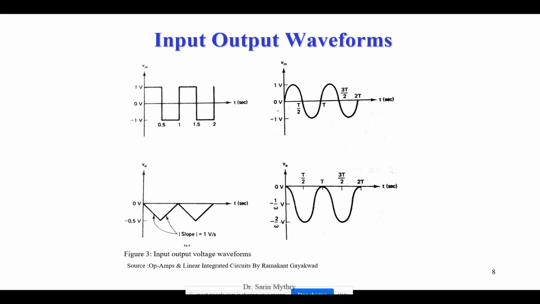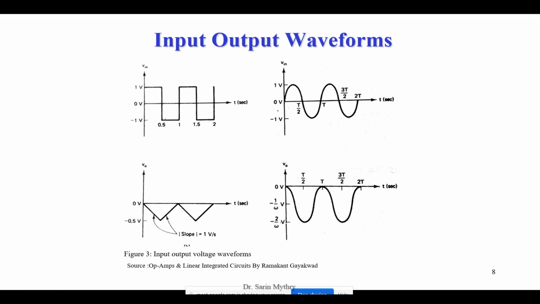Or else, if the input is a square wave, the output is going to be a triangular wave. This is what we have seen here. If the input is a sine wave, your output is going to be a cosine wave. Or else, if you are giving an input as a square wave, the output is going to be a triangular wave.